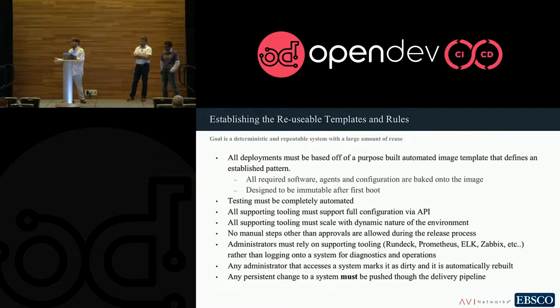It generates a random password for it, gives it to a user, and then basically flags that system to be rebuilt in 24 hours back to the norm so that we have a consistent configuration through the farm, and we have that compensating control to make sure any deviations are gotten rid of. And finally, any persistent change to the system must be pushed through the delivery pipeline. So that's our system of record for what the environment's supposed to look like.